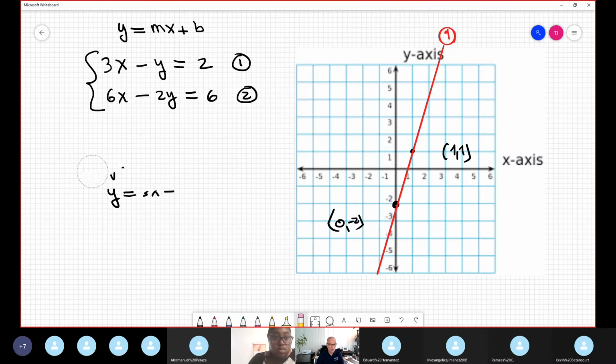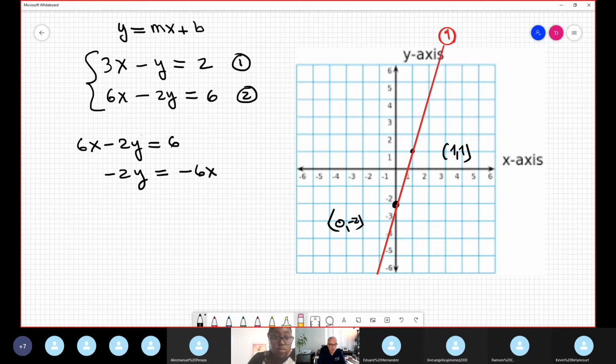And likewise, I want to do the same procedure on the second line. 6x minus 2y equals 6. I solve for y again. Minus 2y is equal to minus 6x plus 6, divided by -2.